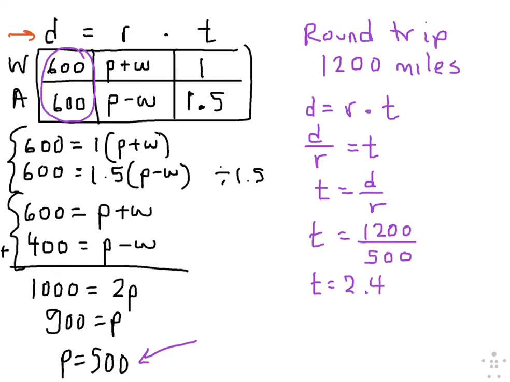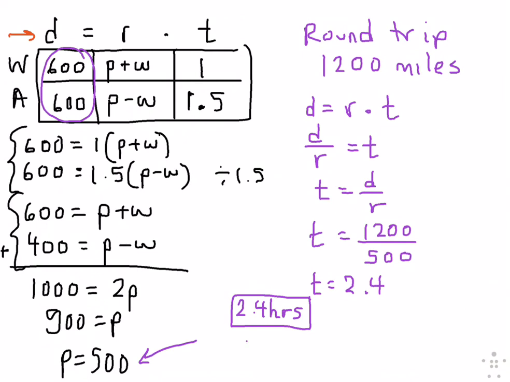right? So it would take 2.4 hours. That would be fine. We could write 2.4 hours. However, typically we don't do that, right? We don't say time as 2.4, 2.3, 2.2, so we normally say in how many minutes.